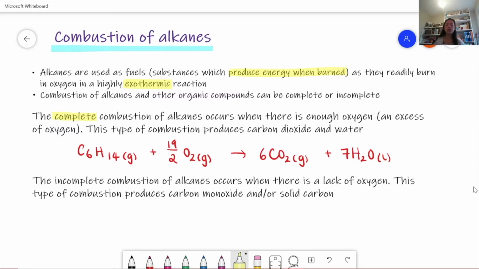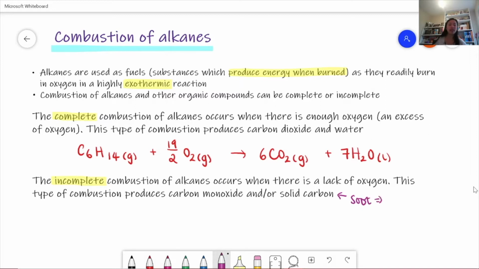The other type of combustion you can get is incomplete combustion. And this is when there's a lack of oxygen, so we don't have enough to completely combust it. And this type of combustion produces carbon monoxide and also solid carbon. Now, solid carbon we also call soot.